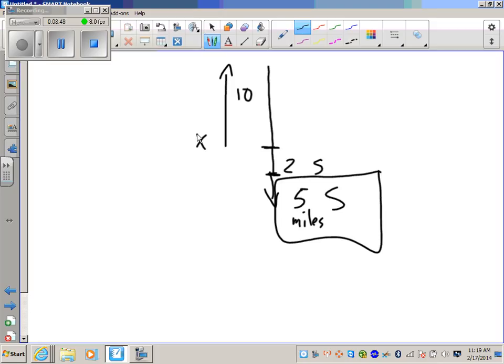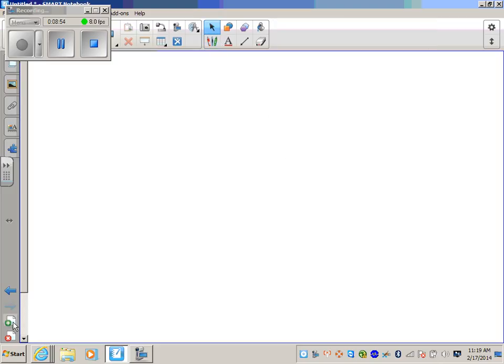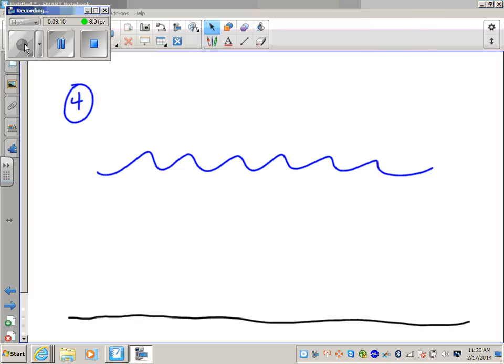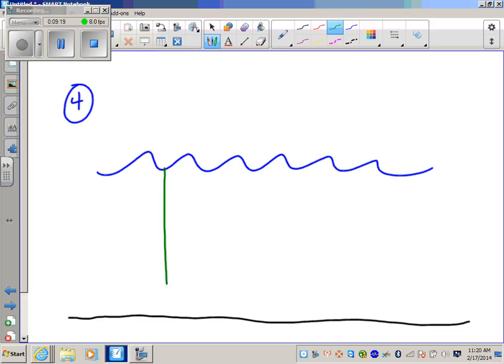Try number 4. Okay. 4. Looks like it's a water one. What information can you give me? 33 meters to the where? Well, 33 meters all the way to the bottom, right? The treasure, however, sits where? A floating treasure?